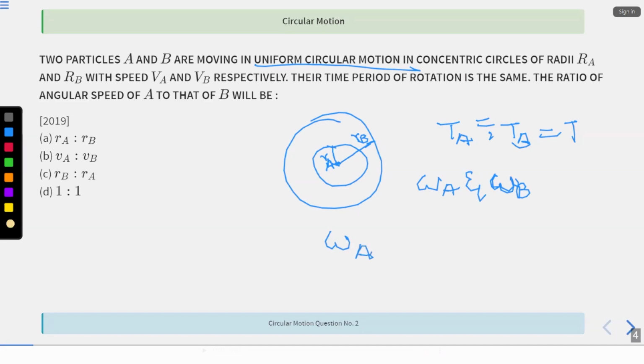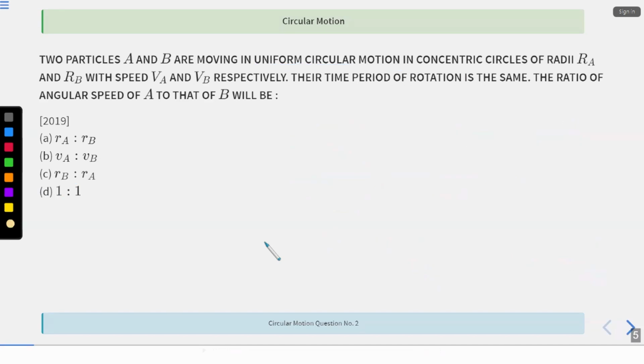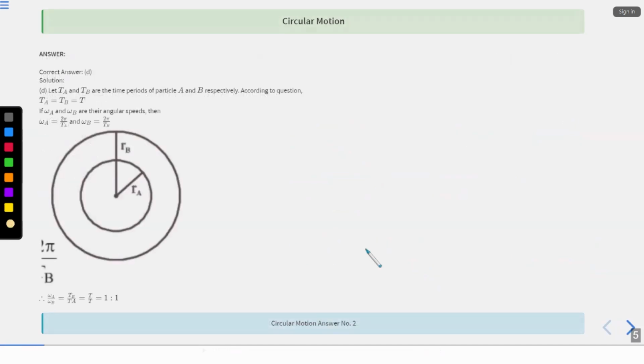We know that omega A is equal to 2 pi by TA, right? Similarly, omega B will be equal to 2 pi by TB, right? So TA and TB are equal. So directly you can say that it is 1:1. Okay, pretty easy, right? Here you can see this is the same. Finally, you'll get this, right?